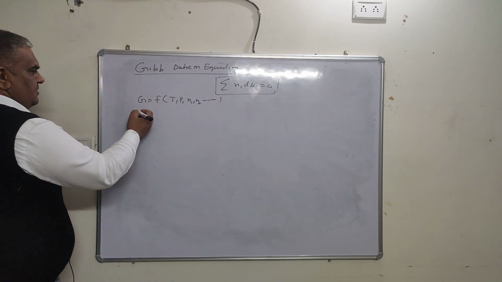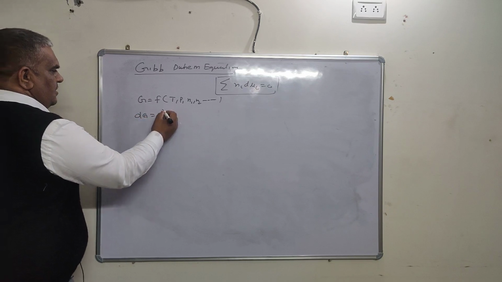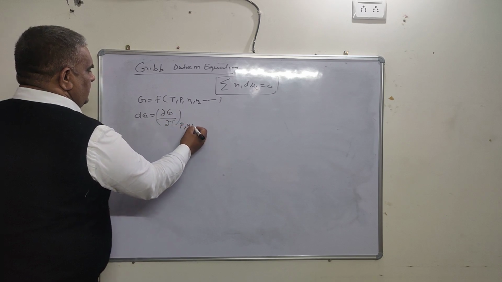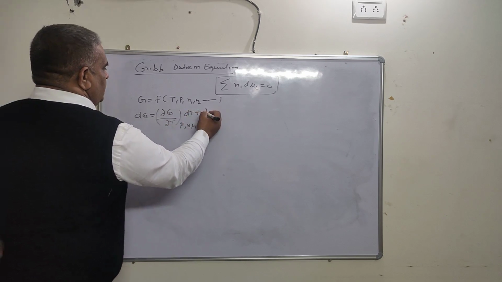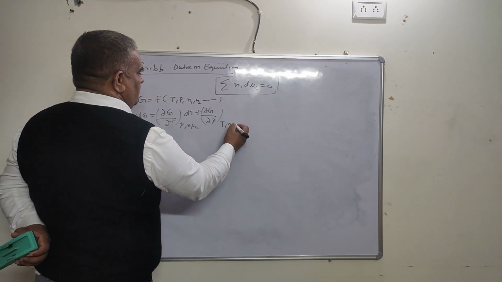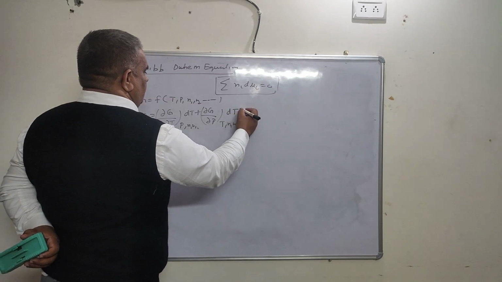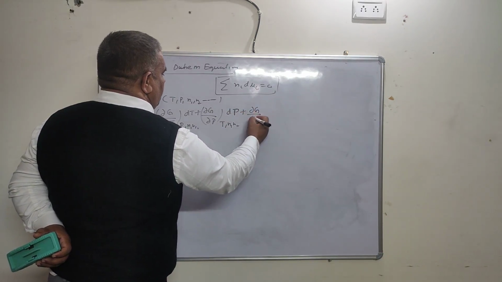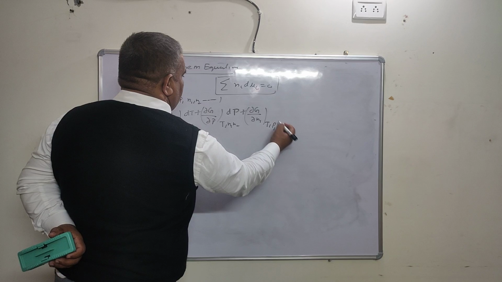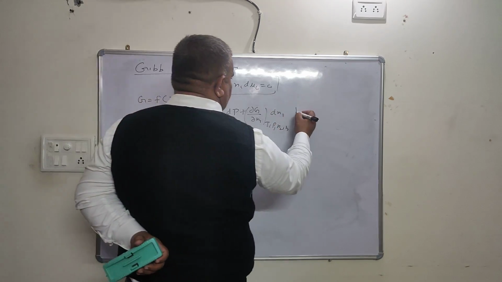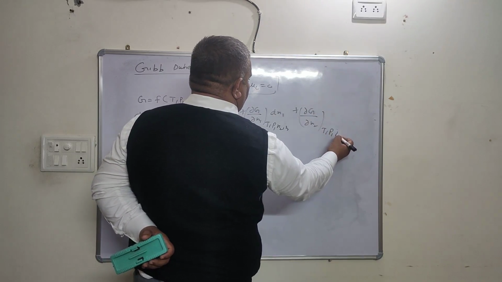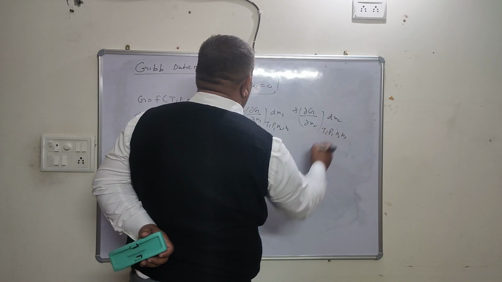For a small change, we do partial differentiation: dG equals (∂G/∂T) at constant pressure, N1, N2, dT, plus (∂G/∂P) at constant temperature, N1, N2, dP, plus (∂G/∂N1) at constant temperature, pressure, N2, N3, dN1, plus (∂G/∂N2) at constant temperature, pressure, N1, N3, dN2.